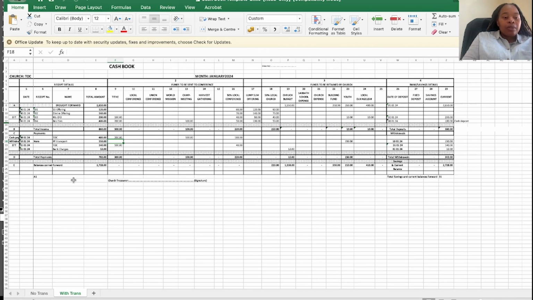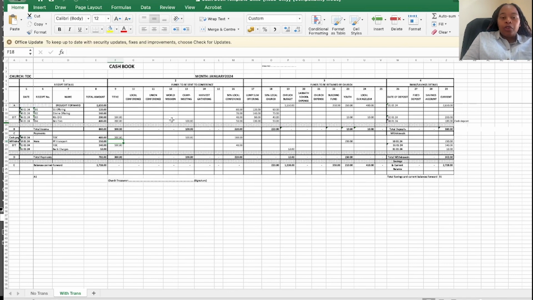Now, the formula to get to our balances brought forward, right? The formula to get to our balances brought forward is A, balance brought forward, plus total income minus total expenses equals our balance carried forward. So it's section A plus section B minus section D, the total payment, equals E. So we get to the total.